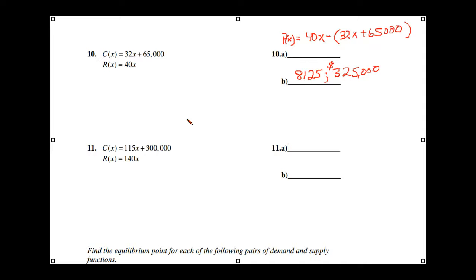Well, let me work the next one for you. Again, the profit equation would be this: 140x minus 115x plus 300,000.